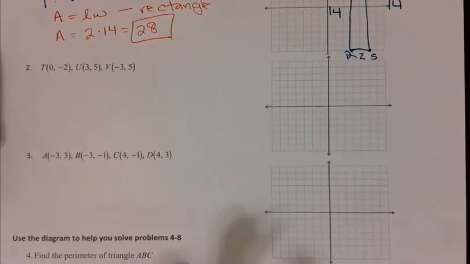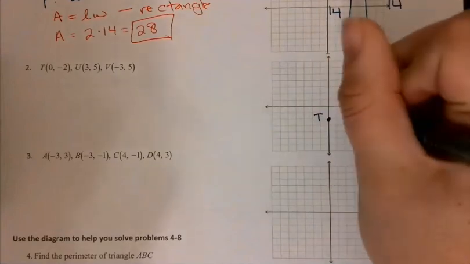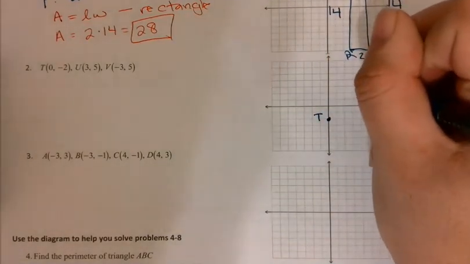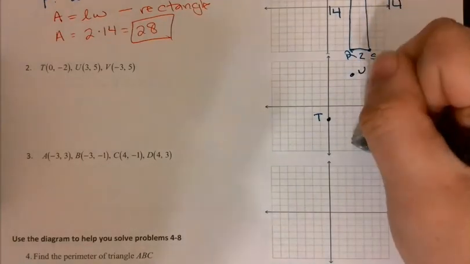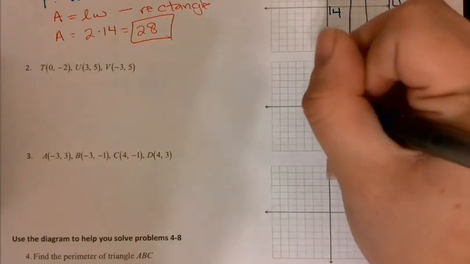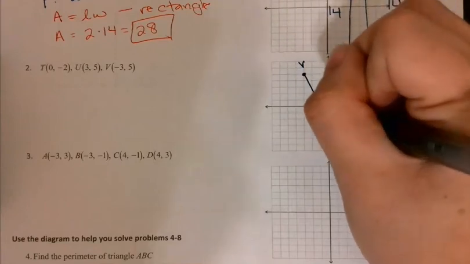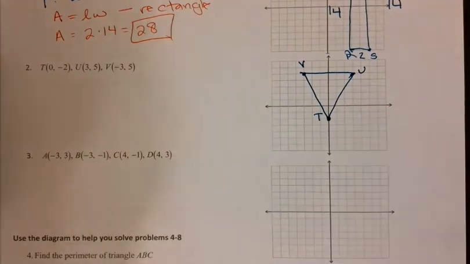I'm going to do the same thing for number 2, so I have 0, negative 2, 3, 5, 1, 2, 3, 4, 5, negative 3, 5. Okay.